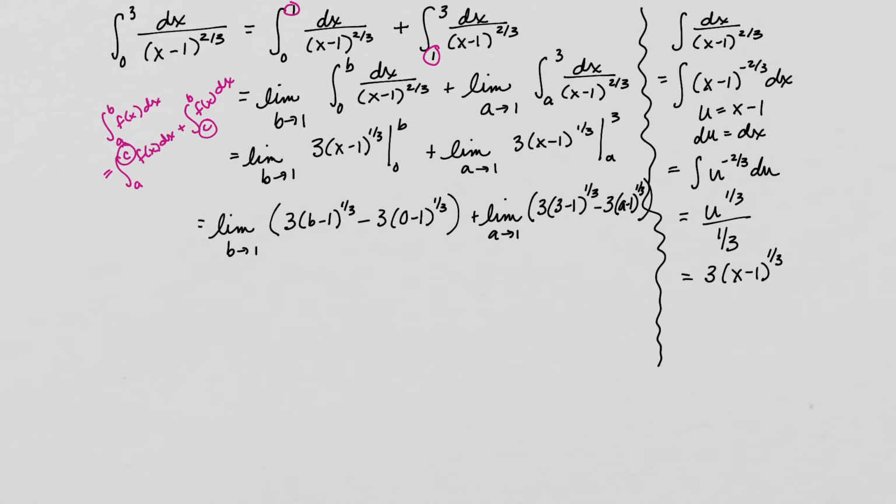No? Okay. So we're just going to plug in the B being 1 and the A being 1, and as long as everything works out okay, that's all right. So we've got 3 times 1 minus 1 to the 1/3 minus 3 times negative 1 to the 1/3 plus 3 times 2 to the 1/3 minus 3 times 1 minus 1 to the 1/3.